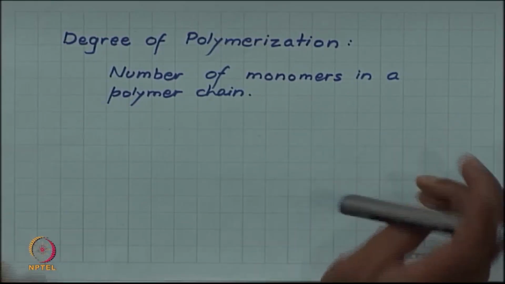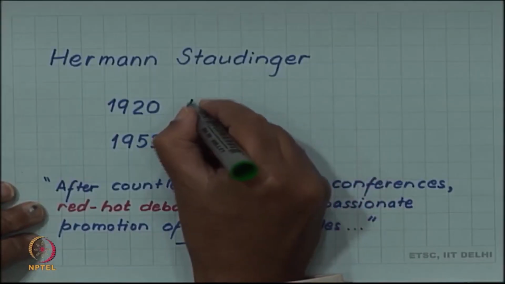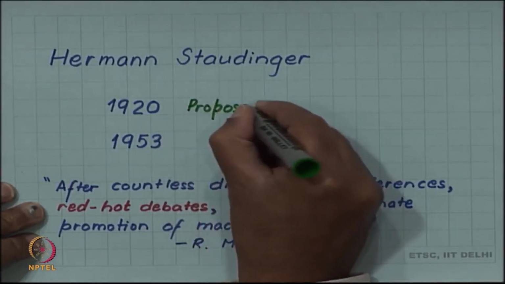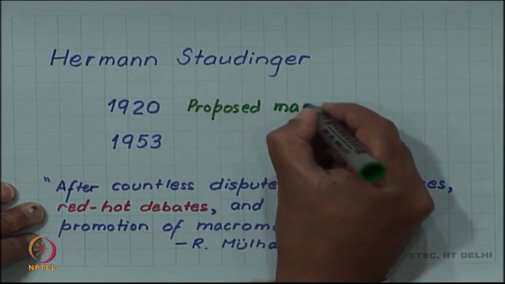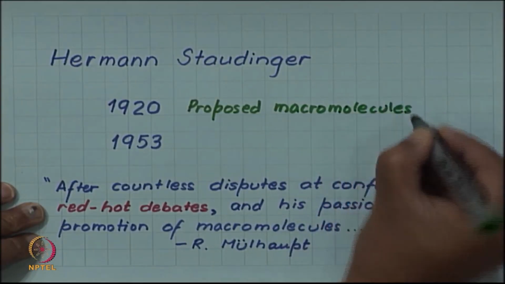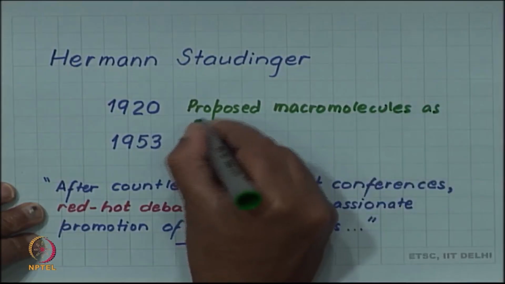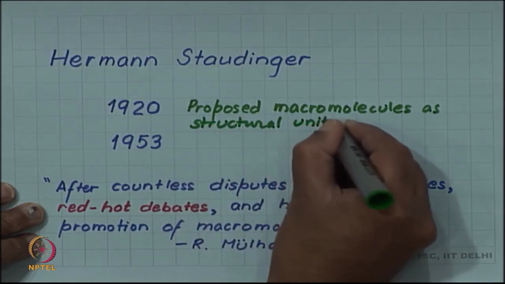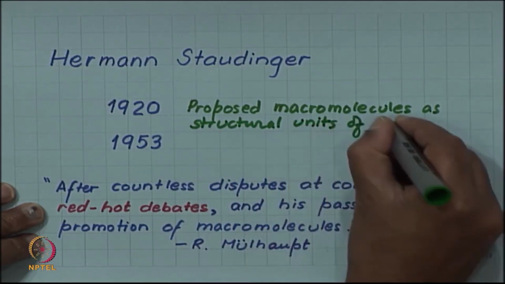Macromolecules were originally proposed by Hermann Staudinger in about 1920, as a structural unit of polymers.